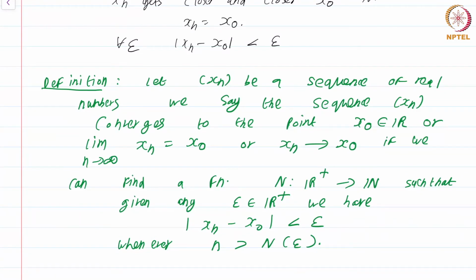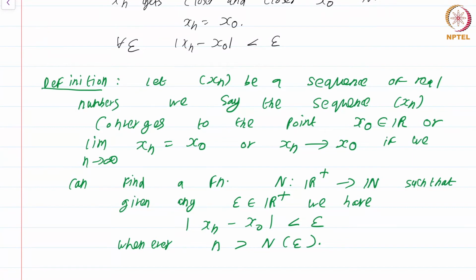If somebody gives you an epsilon, this epsilon is supposed to be the level of desired approximation, or you can think of it as the least count of the scale. This N of epsilon is supposed to be the point in the sequence beyond which the terms of the sequence satisfy this desired level of approximation.